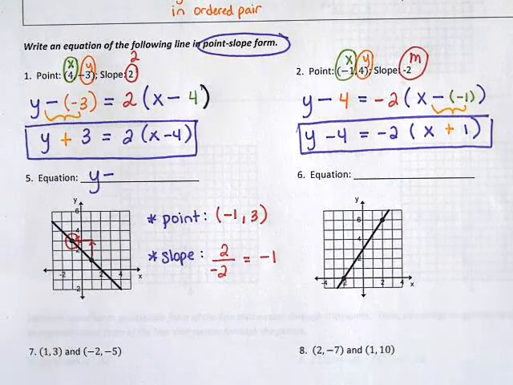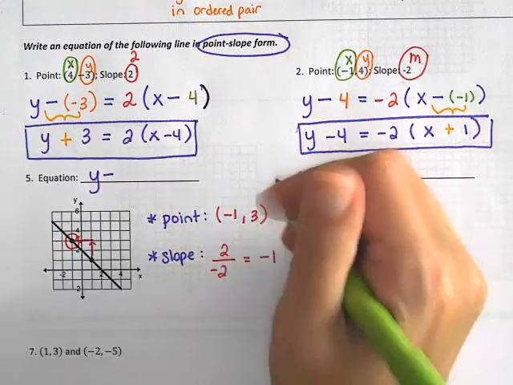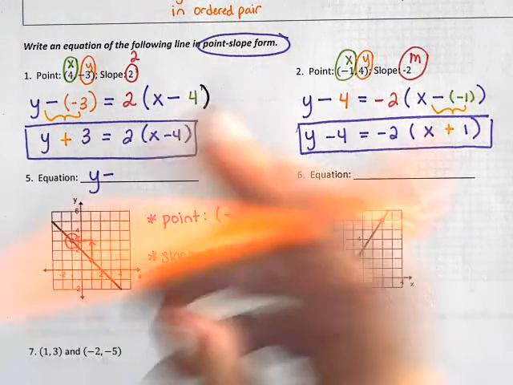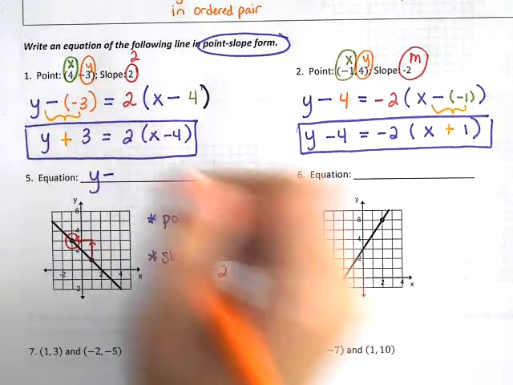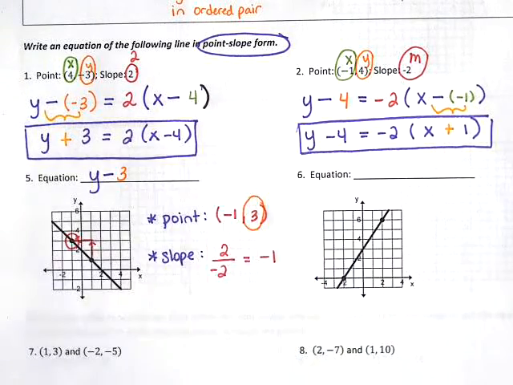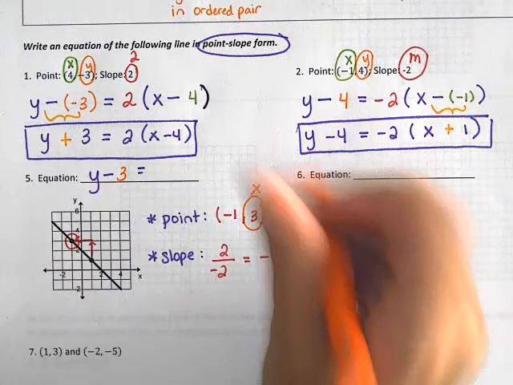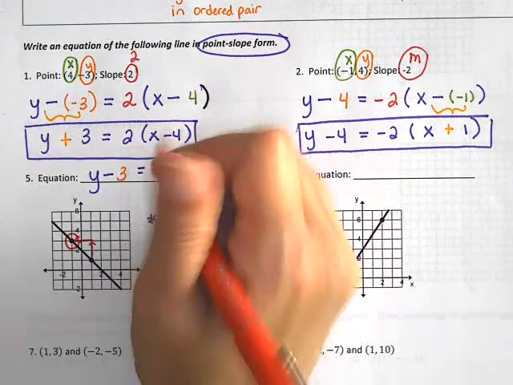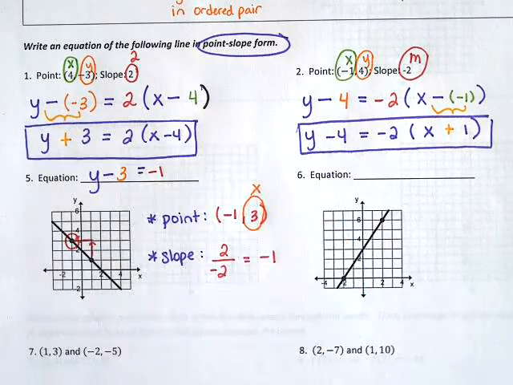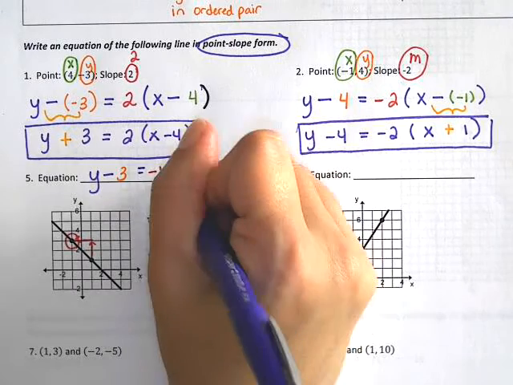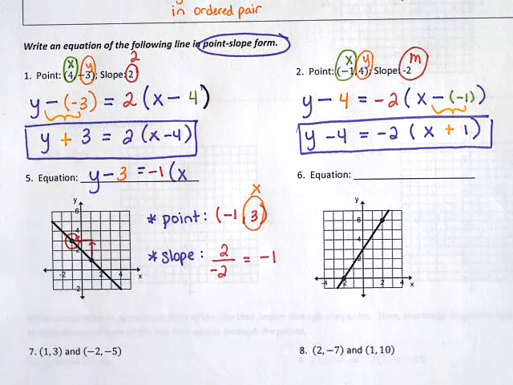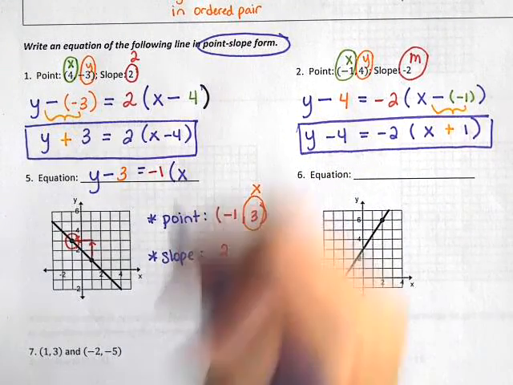Last but not least, I'm going to plug them into my equation. y minus the y, which is 3, equals m, which is negative 1, parentheses, x. Now I'm going to have minus the x.